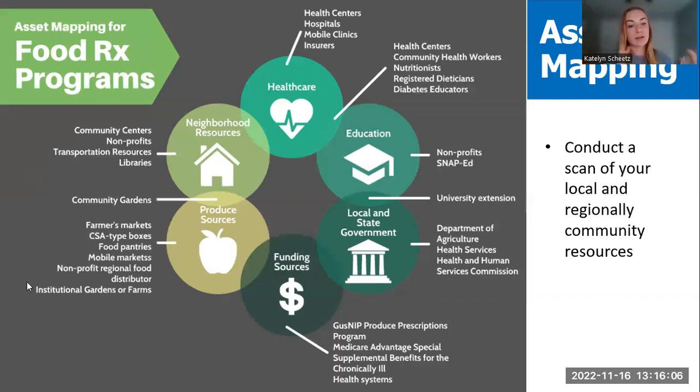And I think the other thing that you'll see as you complete this activity is actually how many resources there are. Sometimes we feel like, oh, we don't have the funding, we don't have the resources, but don't be afraid to look outside of your health center and see what initiatives are already going on. There's probably a lot of expertise and a lot of synergy that can be created around these initiatives going on already.